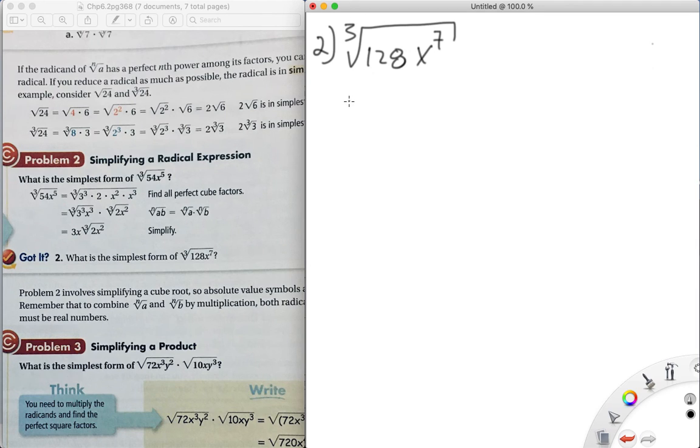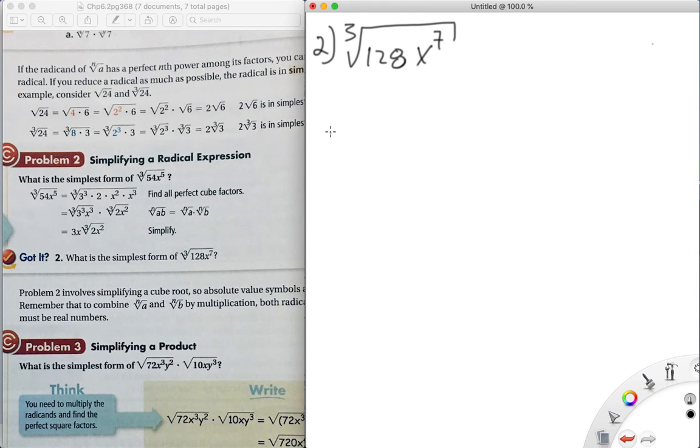So now I have to find a perfect cube of 128. And what I can do is separate these out. Let's focus on the 128 a bit. So this is a cube root, right?